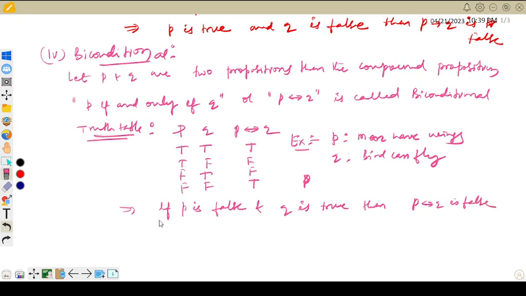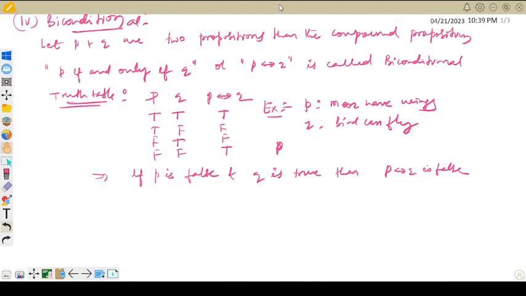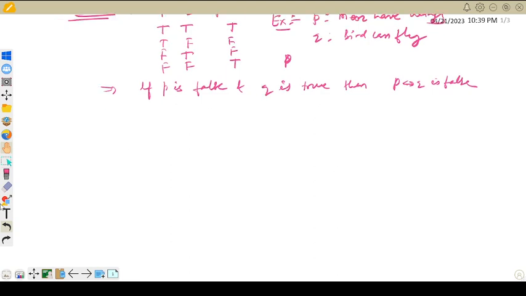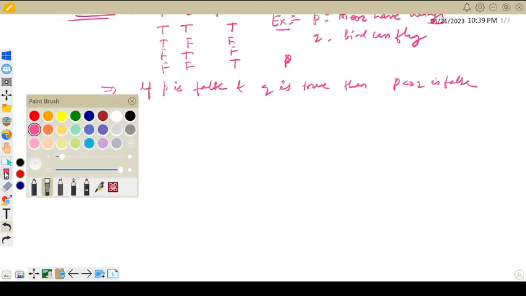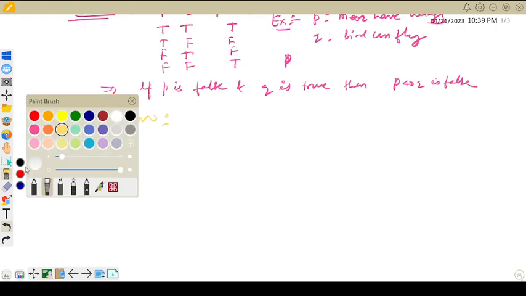Fine. Now finally we'll go for negation. What is negation?